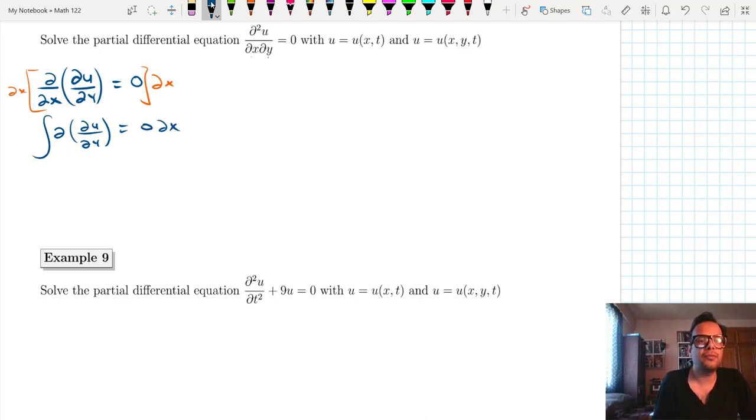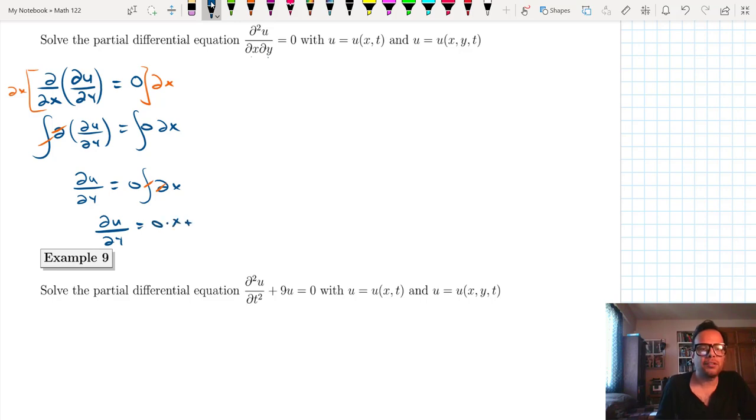So let's integrate both sides, and the integral cancels the differential. du/dy equals 0 times the integral of dx. Okay, so in this case, the integral of the differential gives us du/dy equals 0 times x plus some c1.